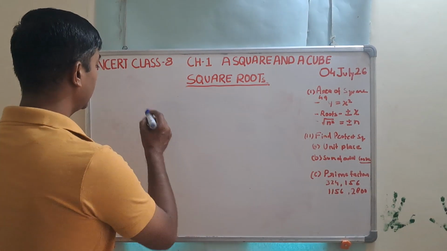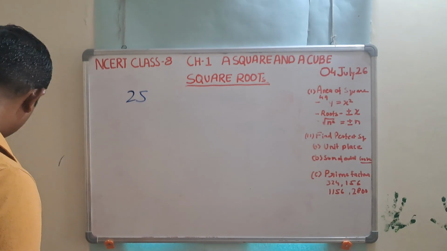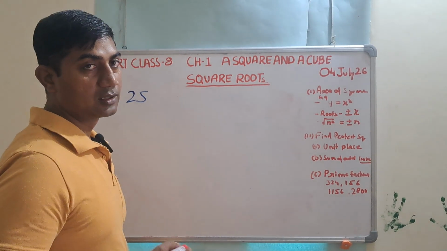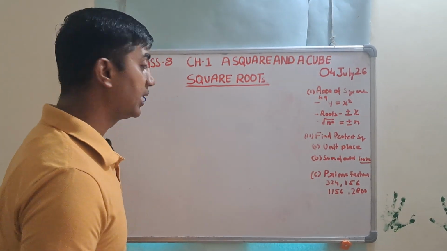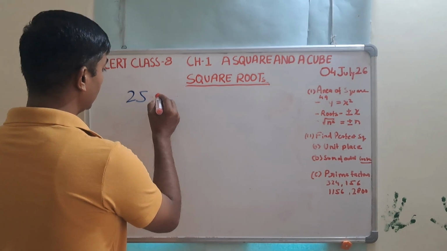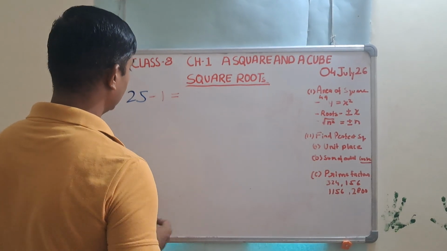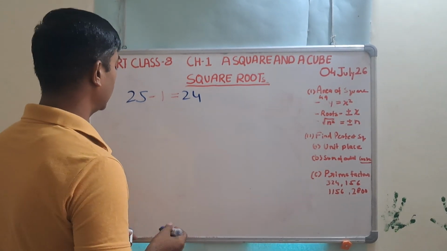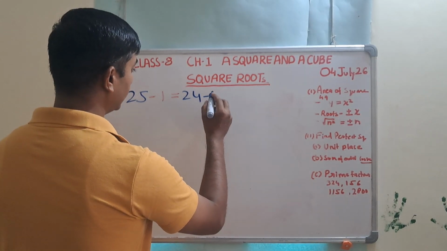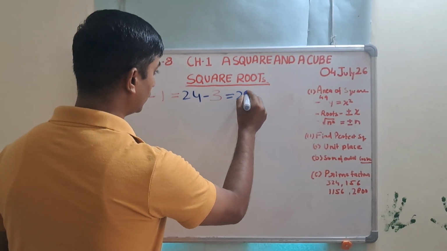Like when we have written here 25. Now you have to find out whether this number is a perfect square or not. What will you do? We will apply the sum of successive odd numbers method, and we have to subtract the successive odd numbers starting from 1. Then we subtract 1, we get 24. Understood? Then minus 3, we'll get 21.